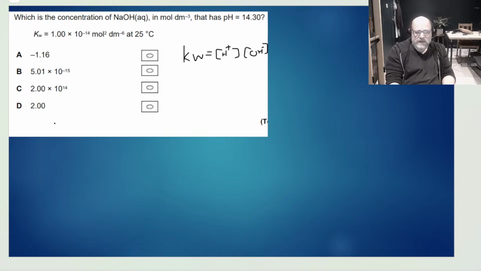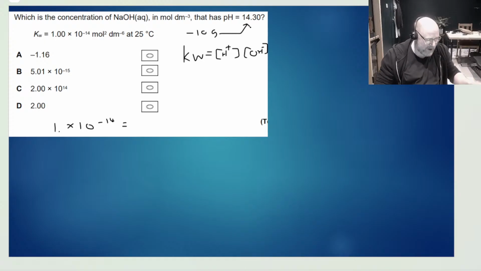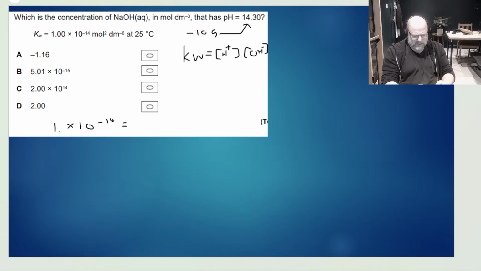So essentially they're saying 1 times 10 to the minus 14 is equal to... Oh yeah, we need to work out the hydrogen ion concentration.